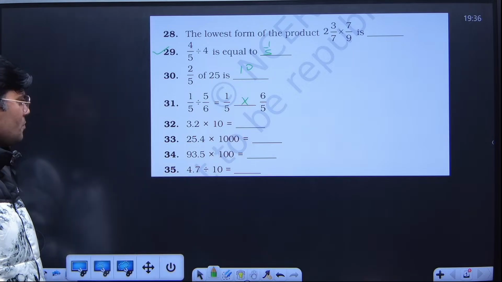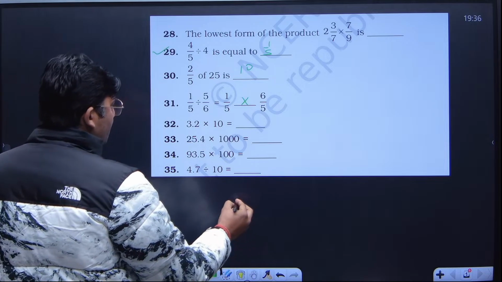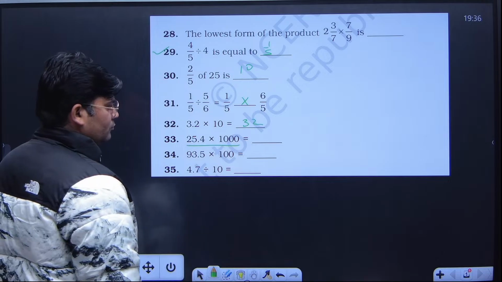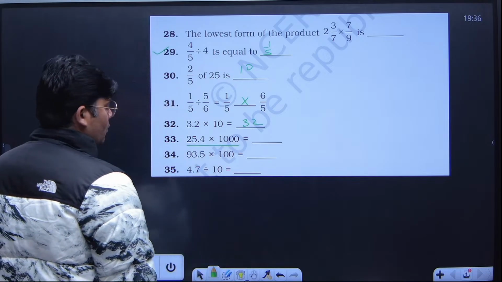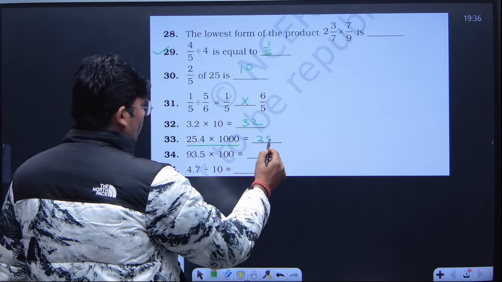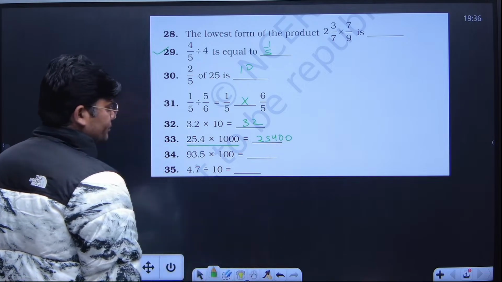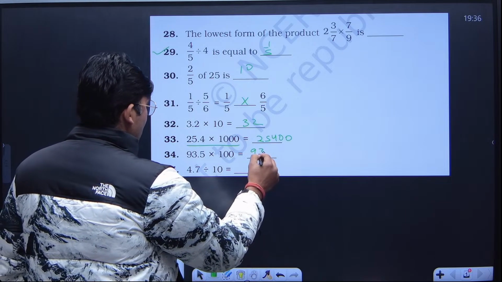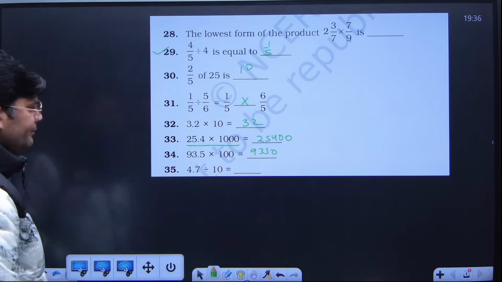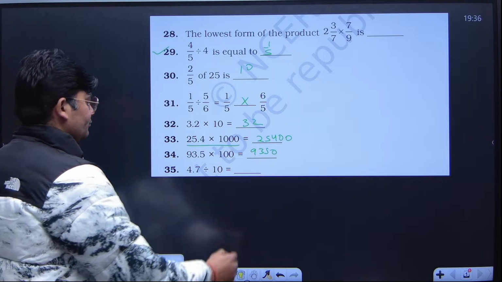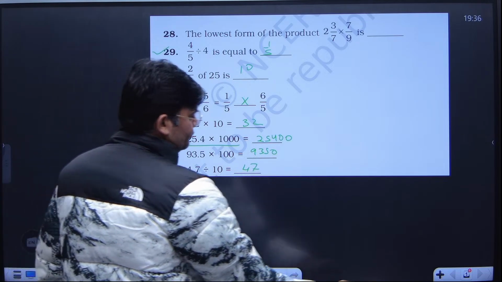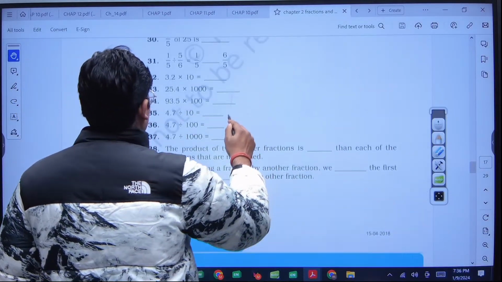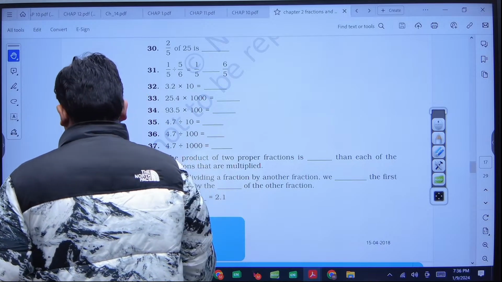Next. 32. Okay. Next. 25400. Next. 9350. For 0.47. So 0.47. Okay, that was a division.